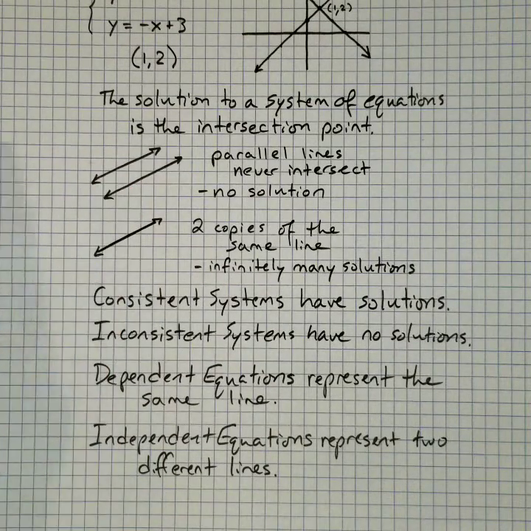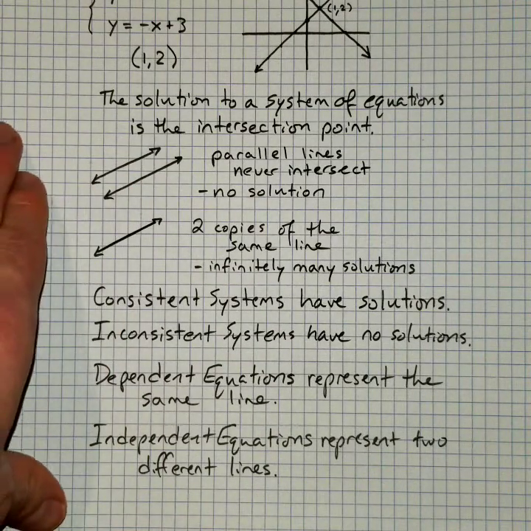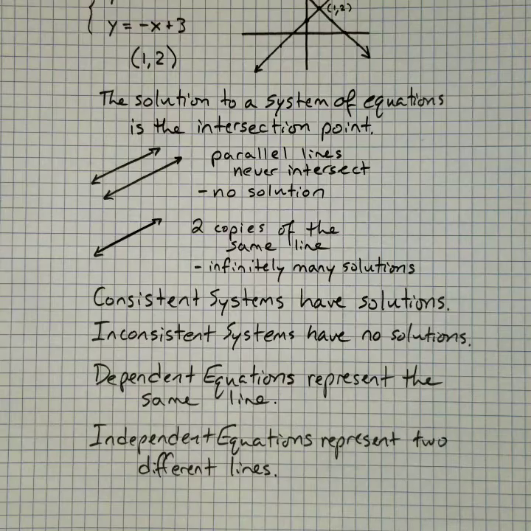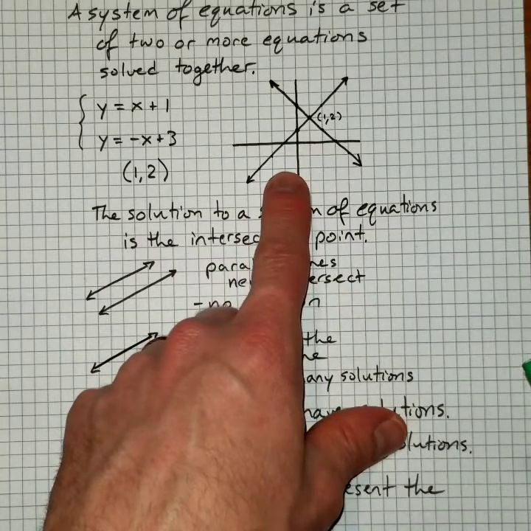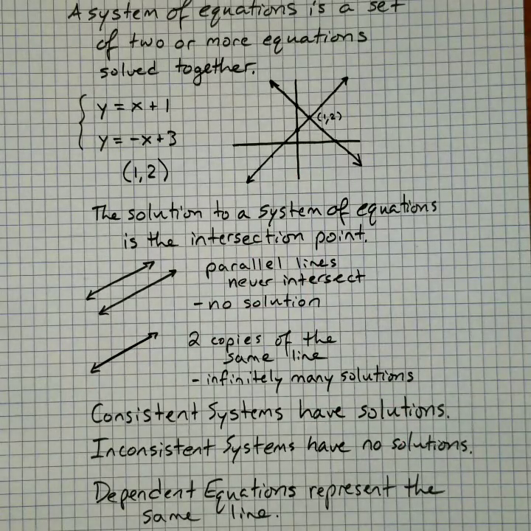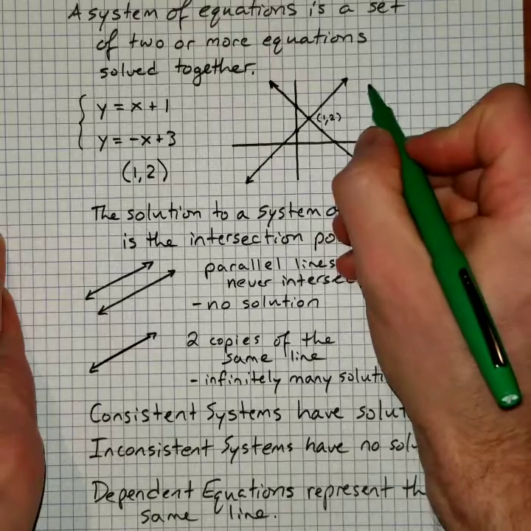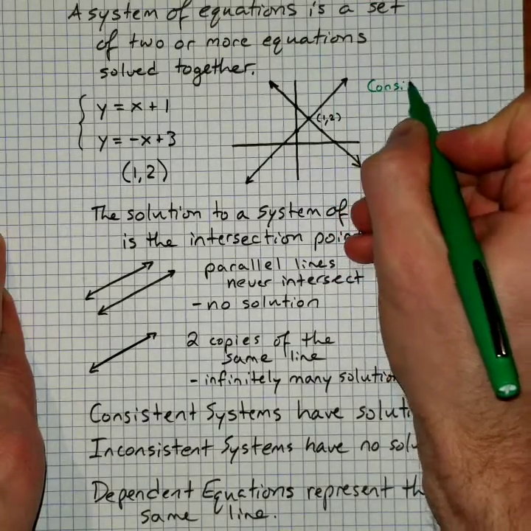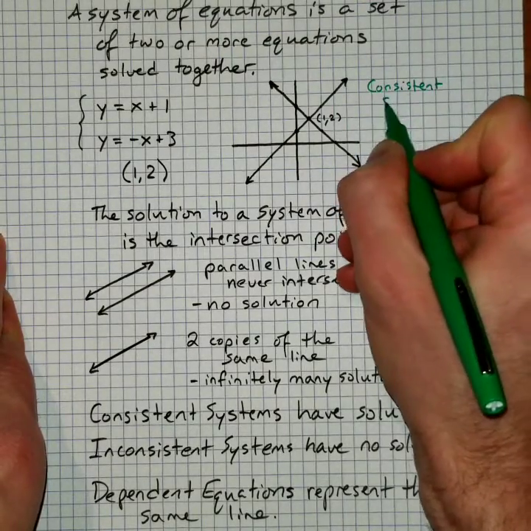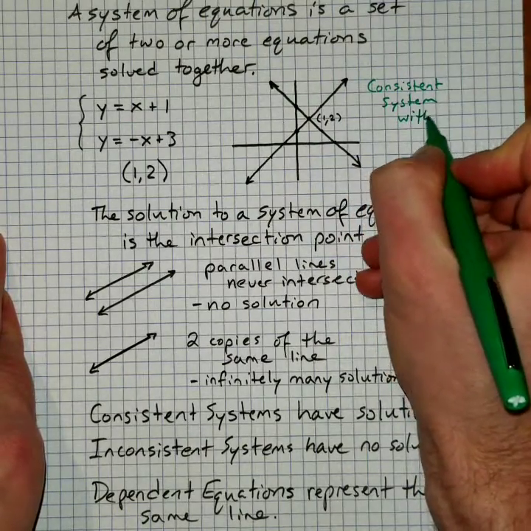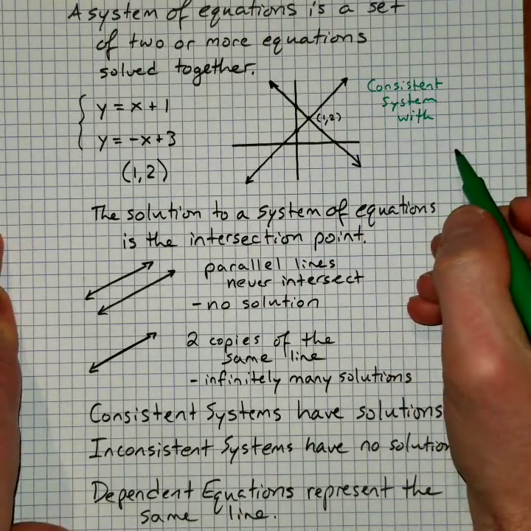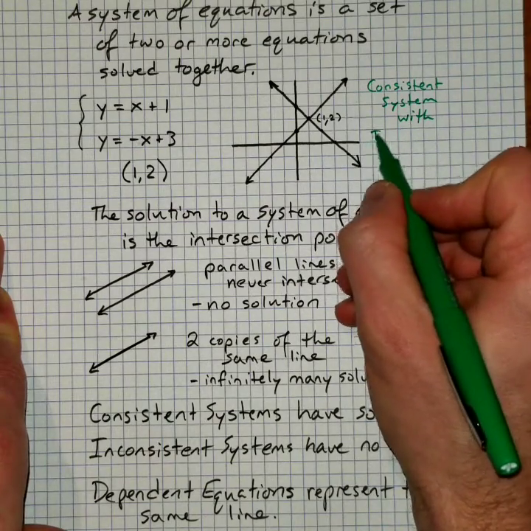So essentially, if I wanted to do a quick summary here, the scenario where you have one solution would be considered a consistent system with independent equations.